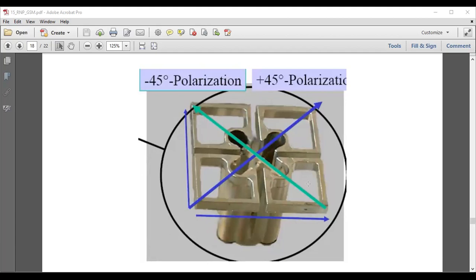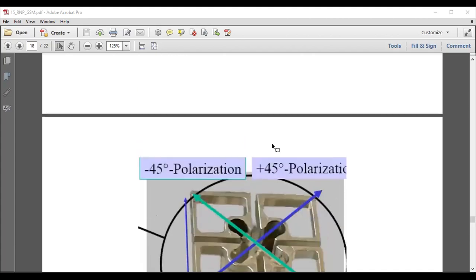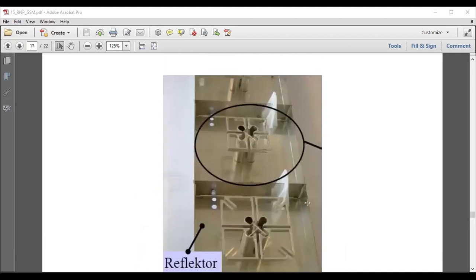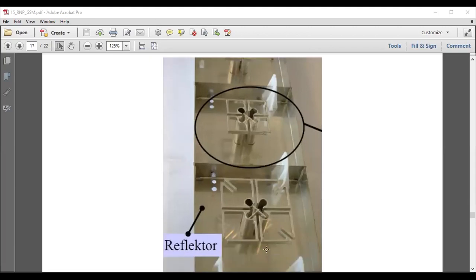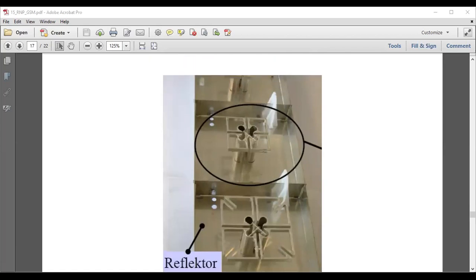Okay, I mean, two of them at the two corners and on the same straight line, say at the line with the green one, you have one antenna element, and the two along the blue line, you have another antenna element. So plus 45 degree and minus 45 degree. And this way you have multiple elements, and then you form the total antenna array.